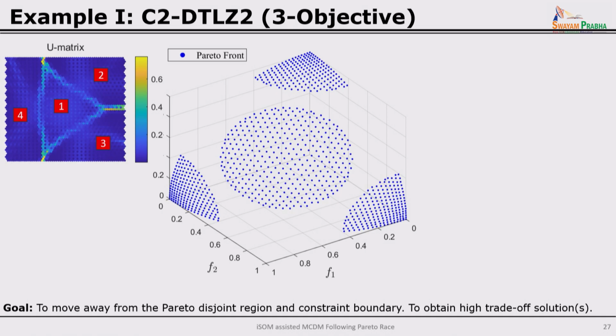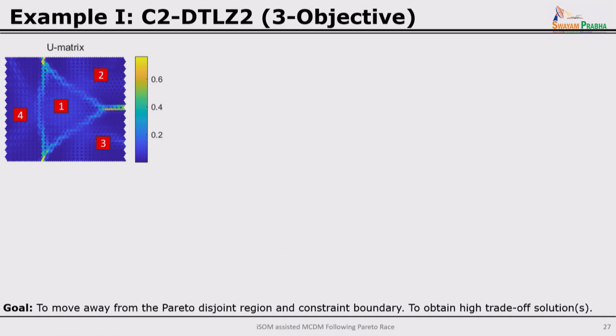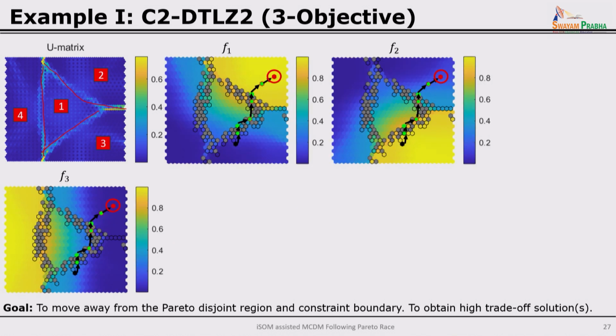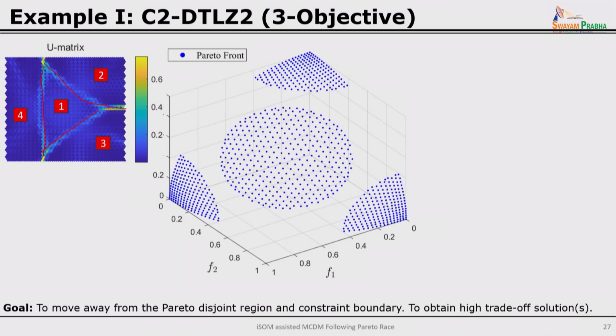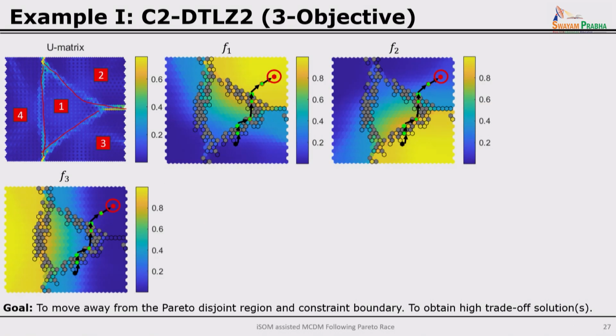Let us take the same C2 DTLZ2 example, and you see the U matrix. These high values that you are seeing here are a clear indication that there is a cluster, and we can see there are 4 different clusters. This tells us there is a disjoint region in the Pareto front, and all the cells in black color indicate that this part is discontinuous.